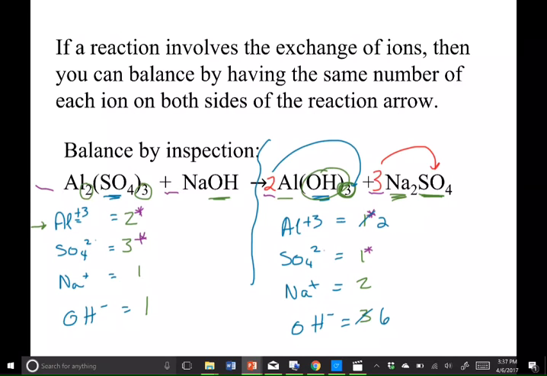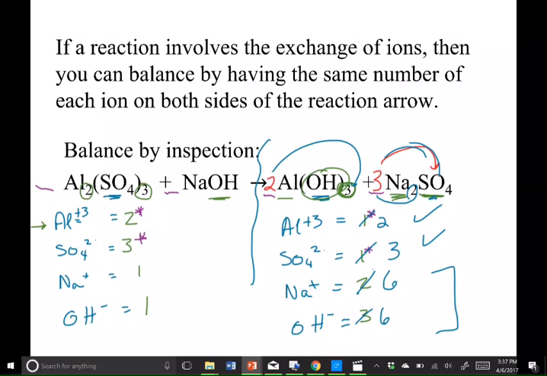How many Nas do we have now? 3 times 2, wow, we got 6 Nas, sodiums. How many sulfates do we have? 3 times 1, so that gave us our 3. Let's see how we're doing. Well, these two line up great, our aluminum sulfates, but these guys, sodiums and hydroxides, not so much.